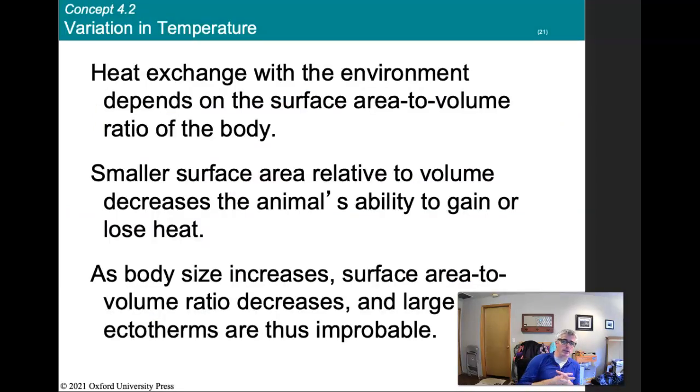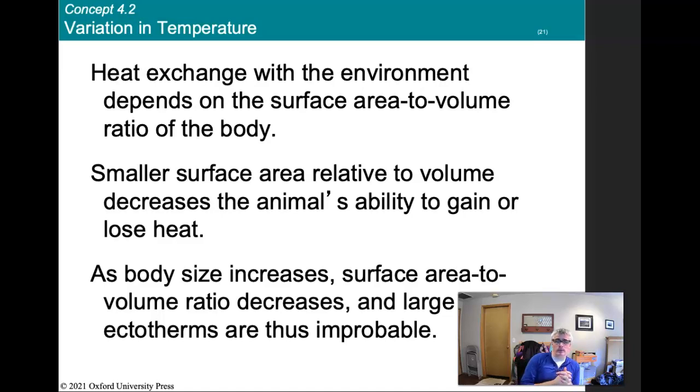And then heat exchange in the environment depends on the surface area to volume ratio. Smaller surface area relative to volume decreases the animal's ability to exchange, meaning gain or lose heat. And as body size increases, surface area to volume ratio decreases.